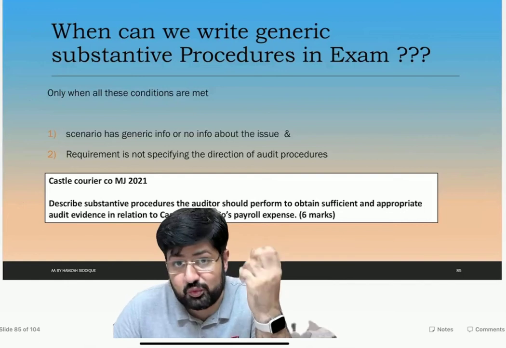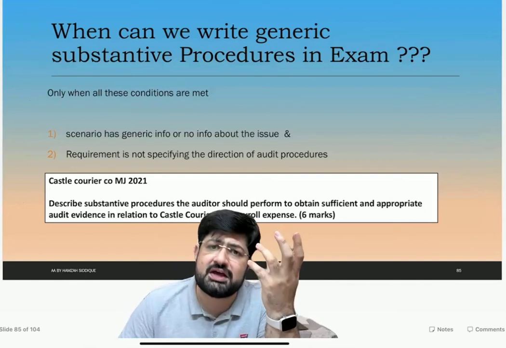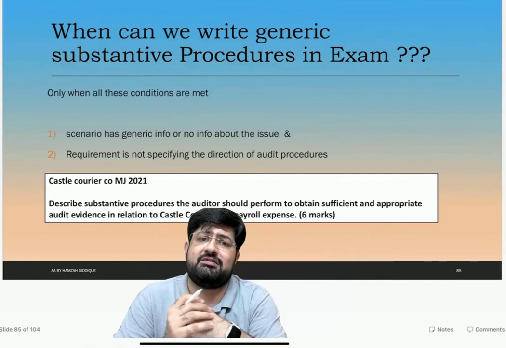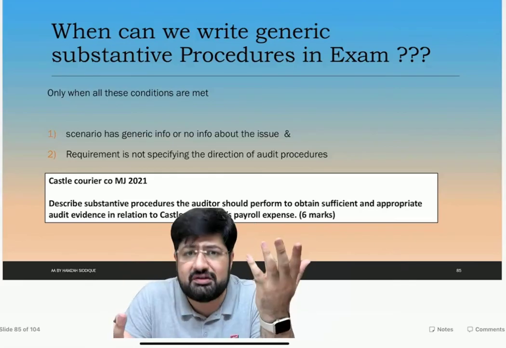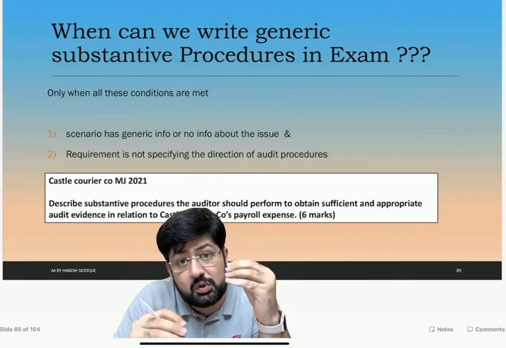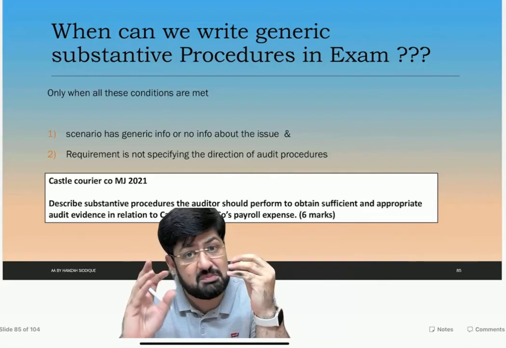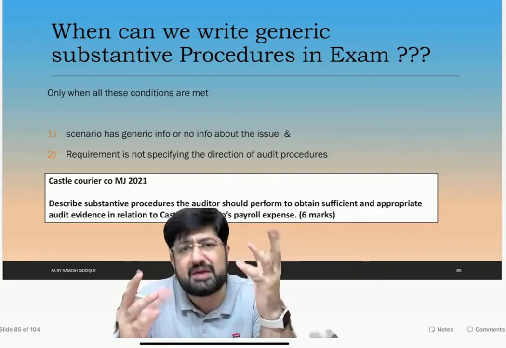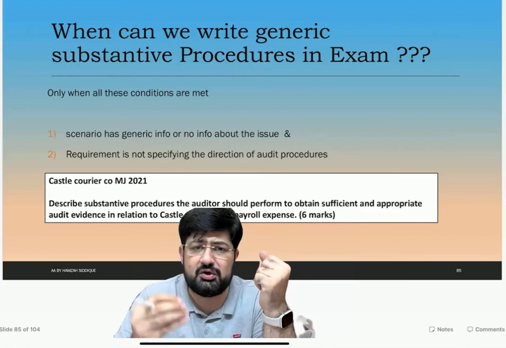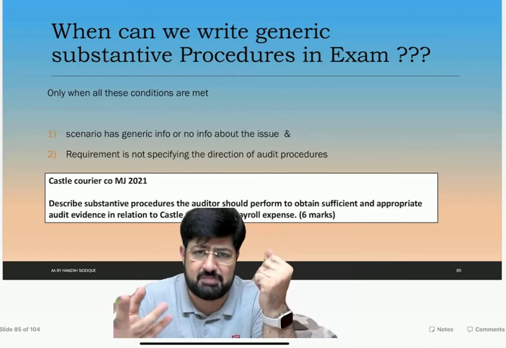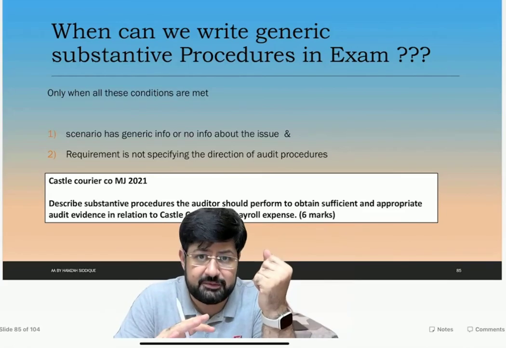Now a student asks the question: in which circumstances do we have open space where we can write any substantive test? The chances of such a question in your exam are minimal, remote. But sometimes the examiner asks one part of a question, 5-6 marks, maybe 4 marks, on this area.